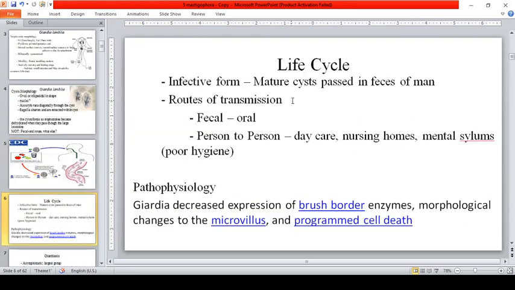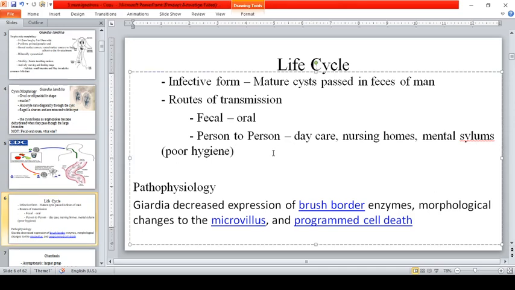So we're done with this one. Infective form: mature cyst. Routes of transmission: fecal-oral, person-to-person, daycare, nursing homes, mental asylums, and swimming in contaminated recreational water.